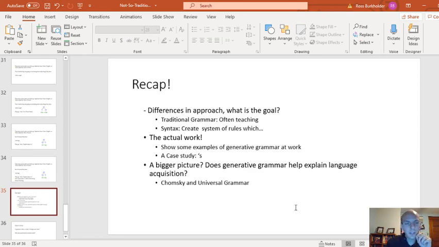And then lastly, we finished this up looking at, are there bigger things? What bigger contributions does syntax make in terms of looking at the world's languages, or even looking at something like language acquisition and universal grammar, as brought to you by Ross's interpretation of Noam Chomsky.